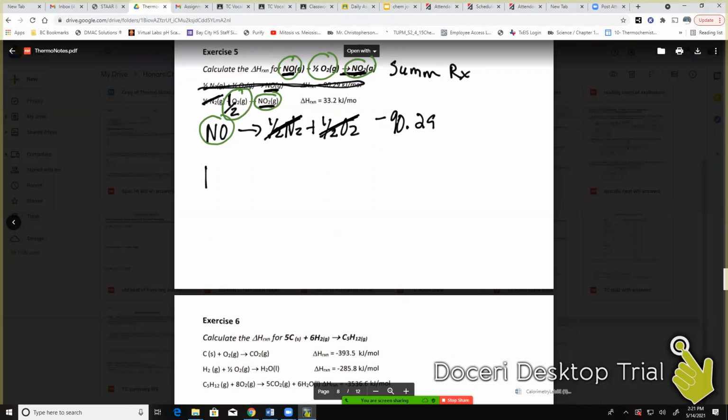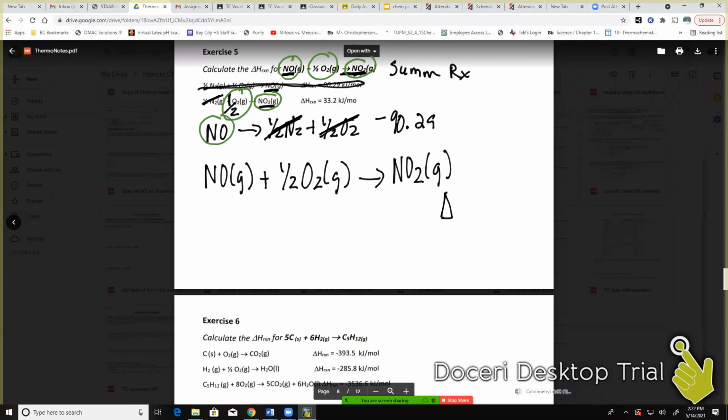So I'm going to put it back together and do my numbers. So I have NO as a gas plus my half of oxygen as a gas gives me my NO2 gas. And then my delta H of reaction.